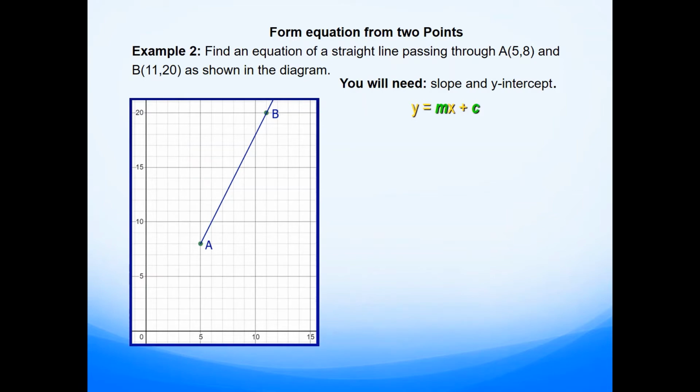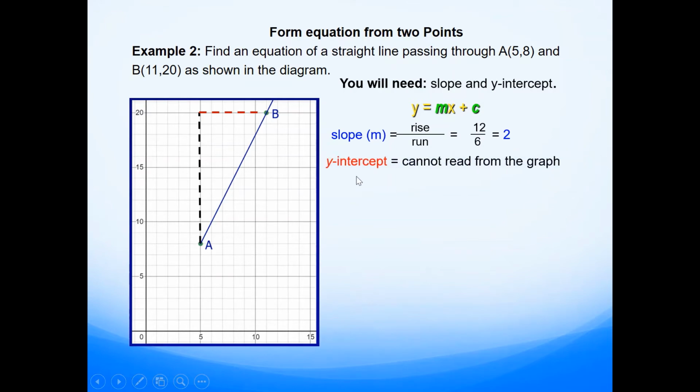First we'll calculate the gradient value, so rise over run, and the slope is 12 divided by 6 in this case. So as you can see, from 8 it changes to 20, so rise value of 12, and then across is 6. From 5 it became 11. So the simplified value for the gradient is 2, and then we need the y-intercept.